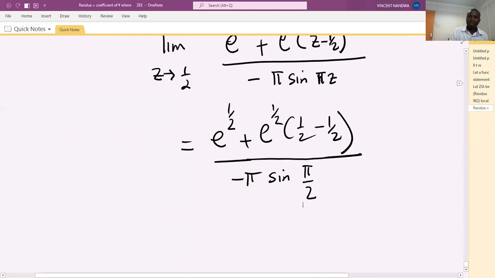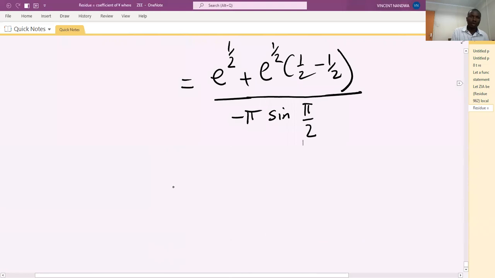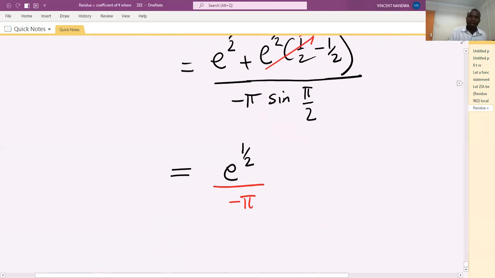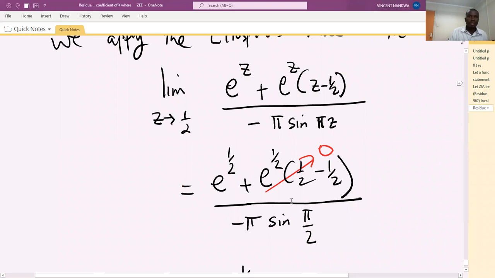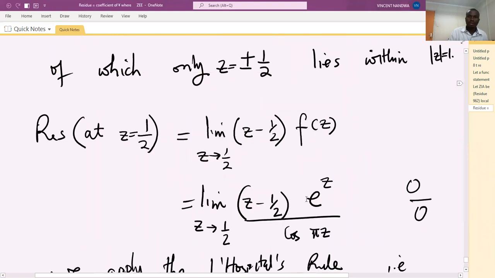And you see, sine of pi over 2 is 1. So this is given by e raised to the power half. All this other part goes to 0, because of this bracket, divided by minus pi. And so that was the residue at z equals a half.